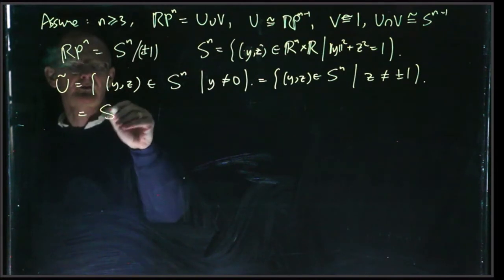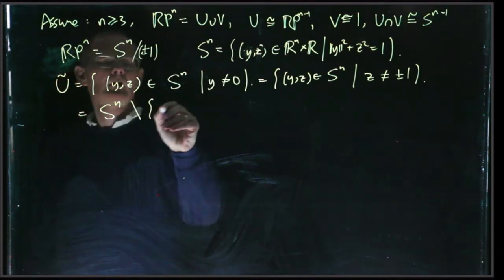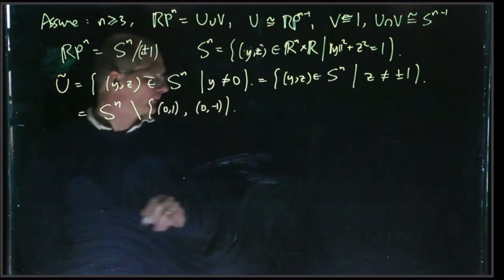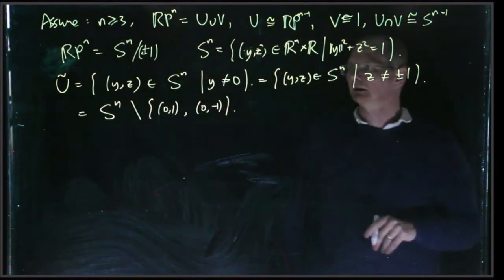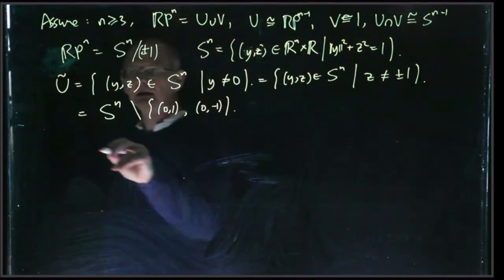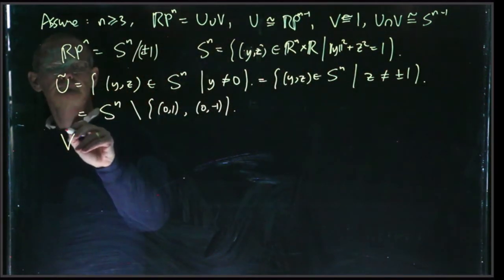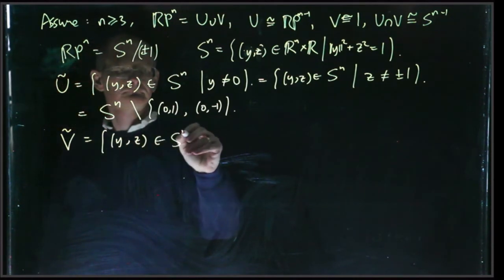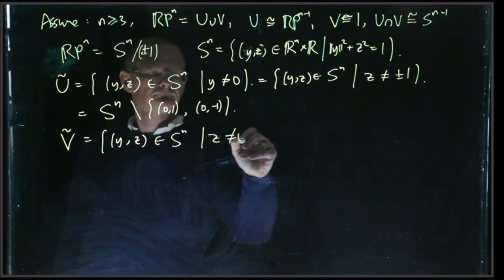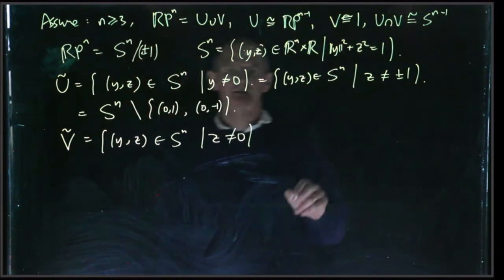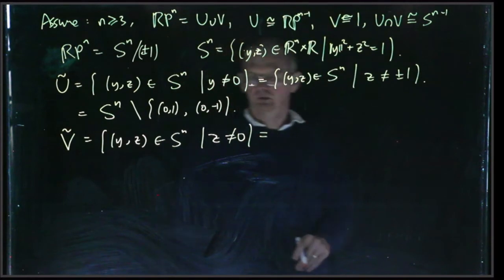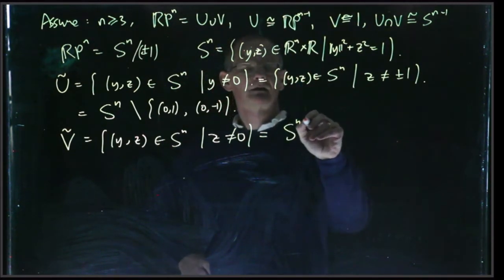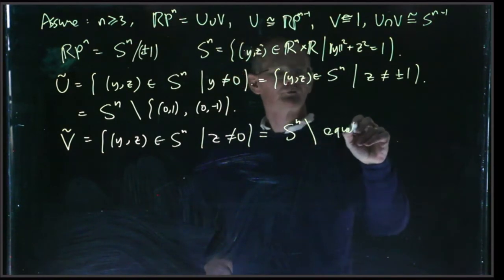Or if you like, this is S^n with the north and south poles removed. And whereas our V, this is basically S^n with the equator removed.